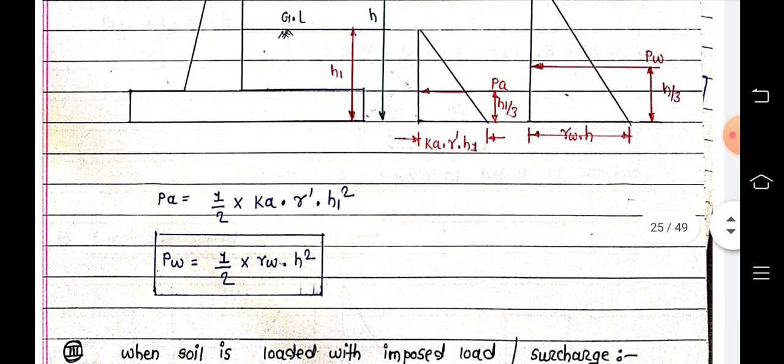So your total pressure will be Pa equal to 1/2 Ka gamma dash H1 square plus 1/2 gamma W H square, which is acting at the CG, y bar, that is Pa1 into H1/3 plus Pw into H/3, upon Pa plus Pw.